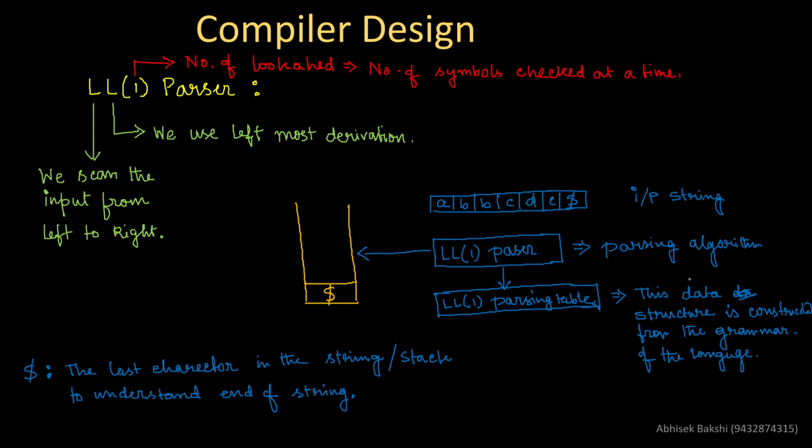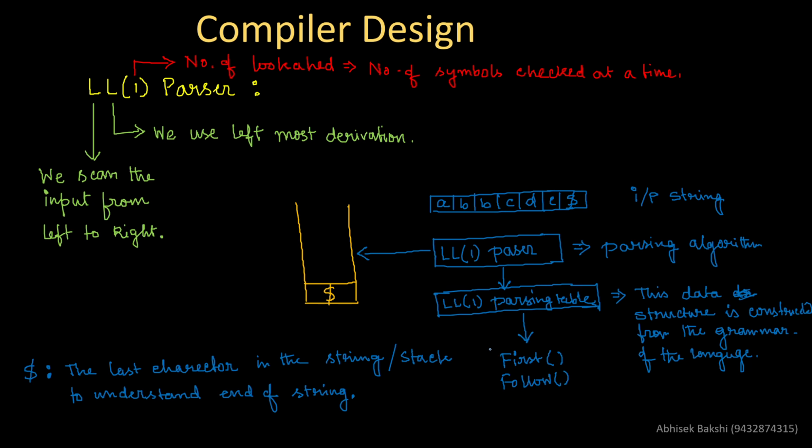Before we understand how this parsing algorithm works, the first thing to understand is how we can generate this LL1 parsing table. Before that, we have to understand two different functions, because the LL1 parsing table relies on them. One we call first, and the other we call follow.